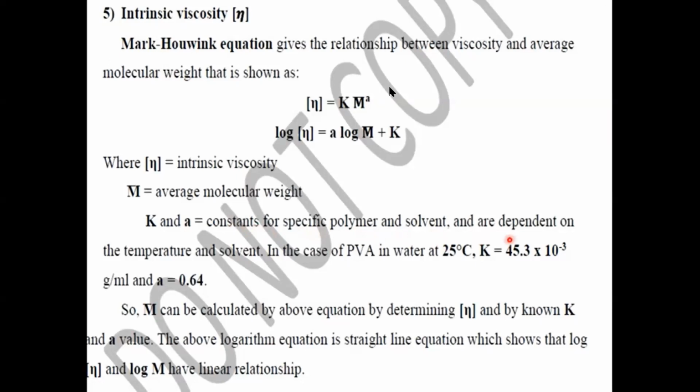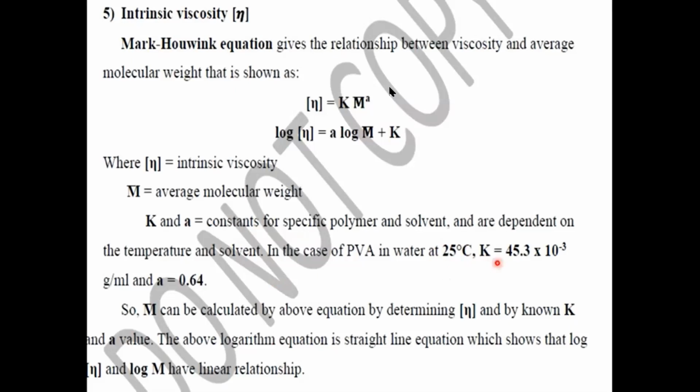And also, a and K depend on the temperature and solvent. What's the meaning of depending on the temperature? That means when the temperature is, for example, 25 degrees centigrade, I have values for a and K. But when I change the temperature, for example, to 45, the values of K and a constants will change. And we will explain that in the next table.